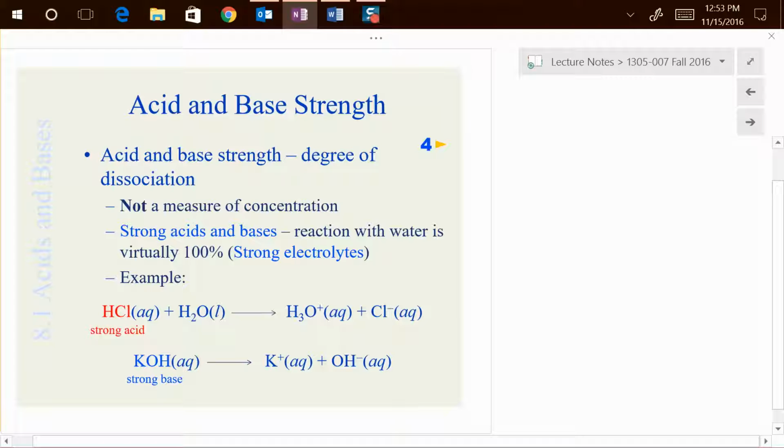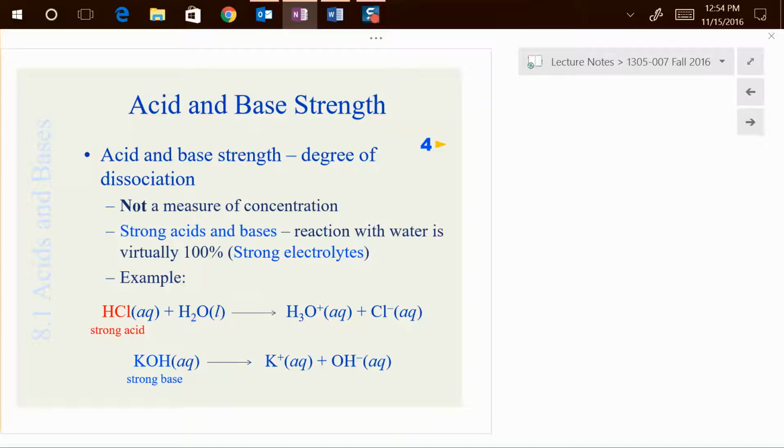All right, degree of dissociation is simply a way for us to look at how much of a hydrogen ion comes off of an acid or vice versa. Okay? So the degree of dissociation of hydrogen, if it's a strong electrolyte, which means it's a strong acid, it's 100% dissociation. It comes off 100%.